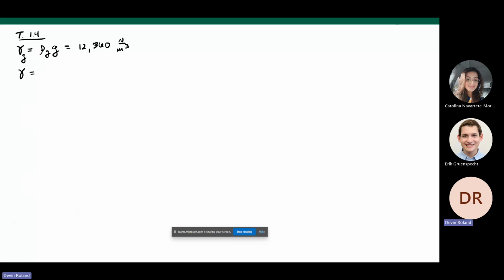And the one for water is going to equal 9,790 Newton per meter cubed. And so that's just for reference.